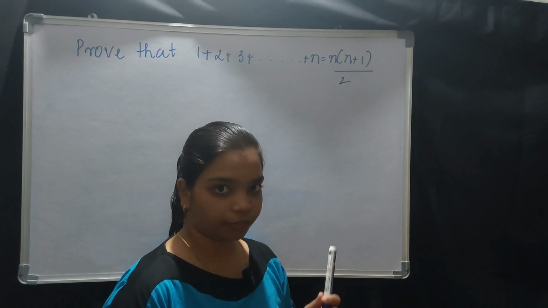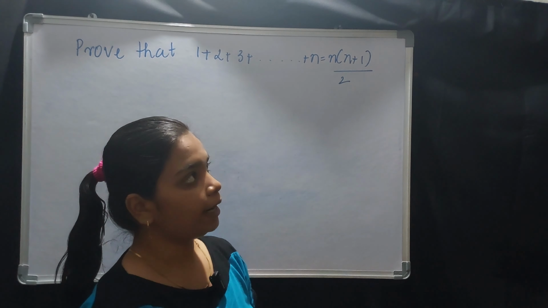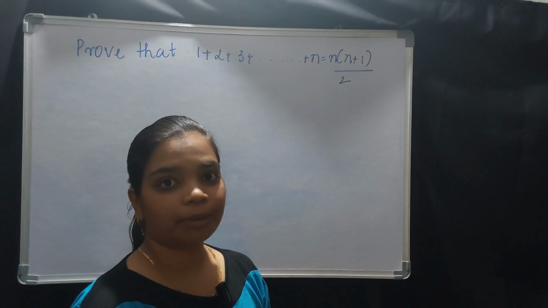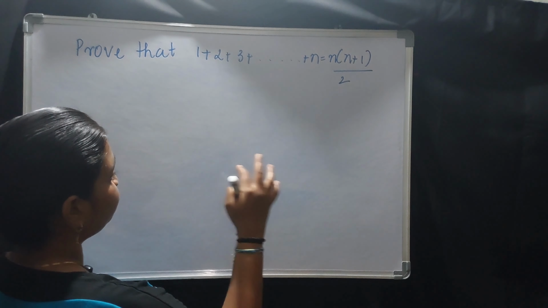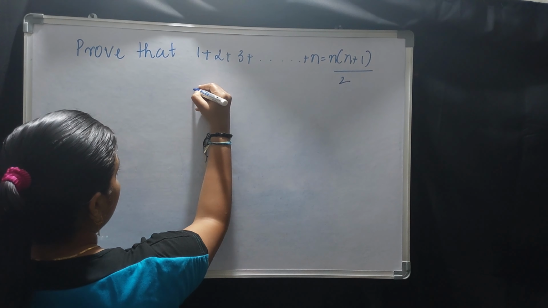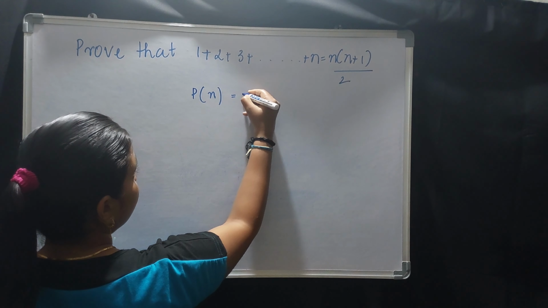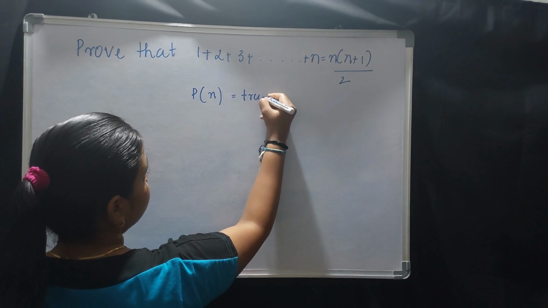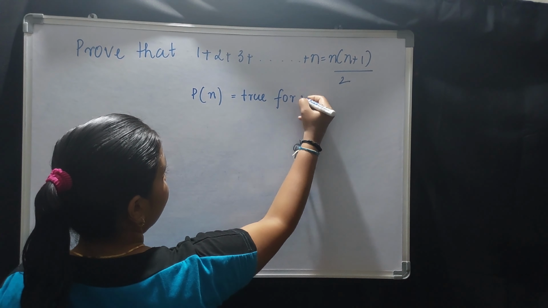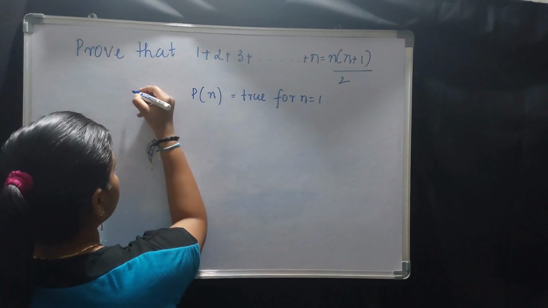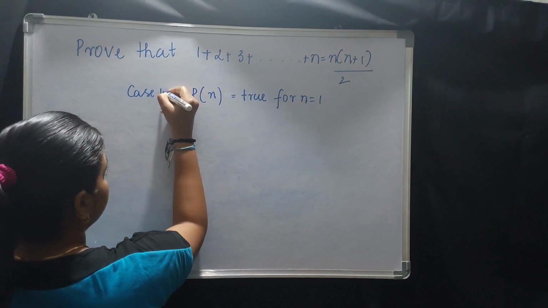It's a chapter from Intermaths, and the concept of mathematical induction says that we have to prove a given statement, suppose a function P(n), should be true for n equal to 1. This is case 1.